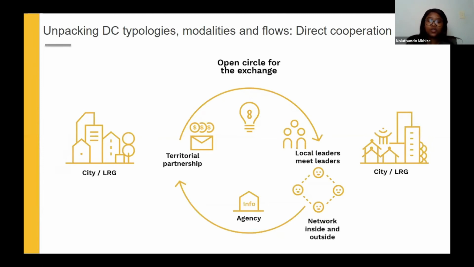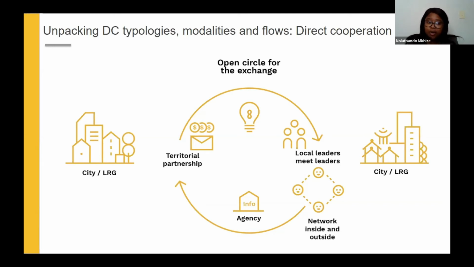When we refer to vertical modality, this modality is largely centered on bilateral and multilateral relations, and it's traditionally based on the rich north and poor south narrative of aid transfer. So there has been a move towards more horizontal approaches owing to their higher levels of ownership.